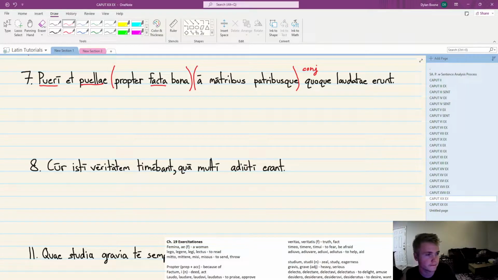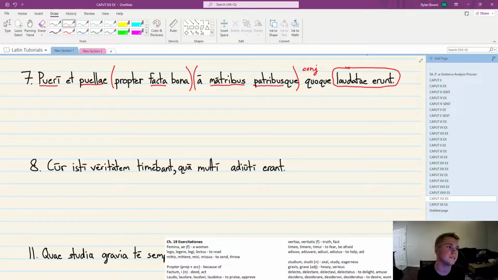Well, our verb is a little hidden here. You might be tempted to take erunt as a linking verb all the way at the end there, right? It looks like a linking verb. But from this chapter, we've learned about the perfect passive system. That's where we take the fourth part with some modifications for gender and case, and we add a form of sum to it. So it's 2 words and 1 verb. So hopefully that's not too hard to internalize. This is 2 words as 1 verb.